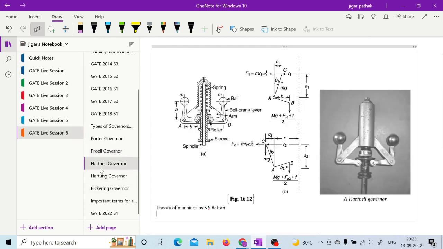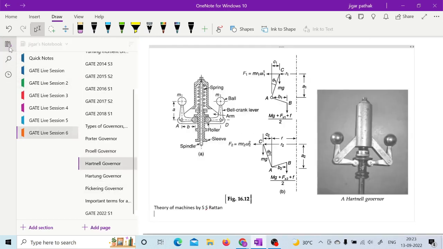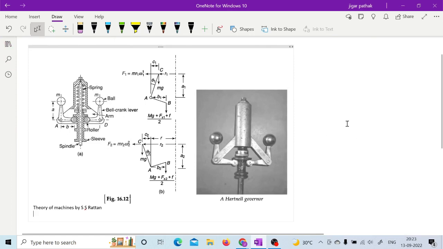So after this Proell, you have the spring controlled governors. In spring controlled governors, you are using the spring force. One of the spring controlled governors is the Hartnell governor. In the Hartnell governor, as you can see here, you again have a bell crank lever, in which at one end the fly balls are there, and at the other end the roller is there.